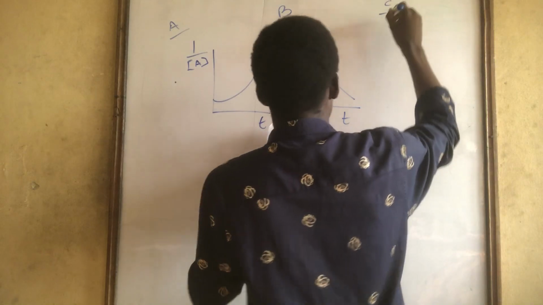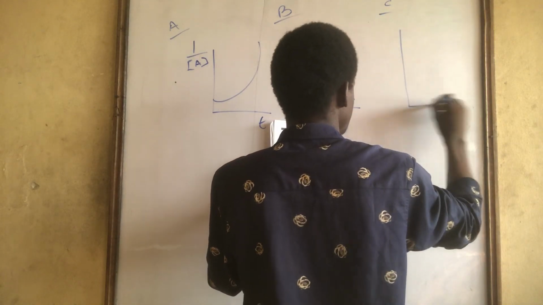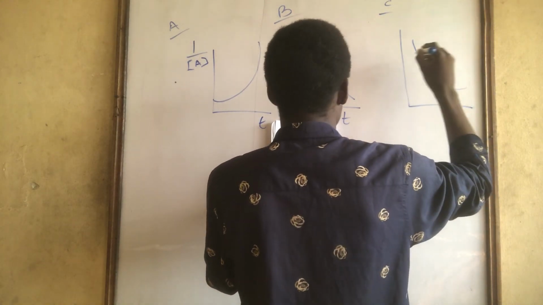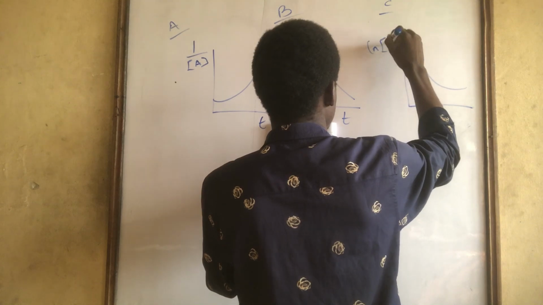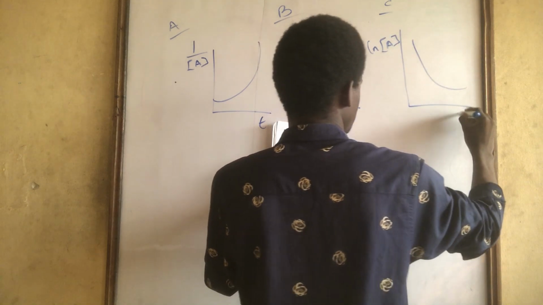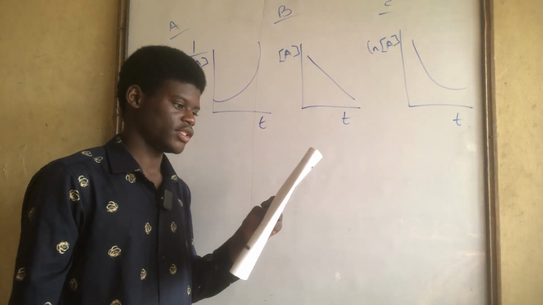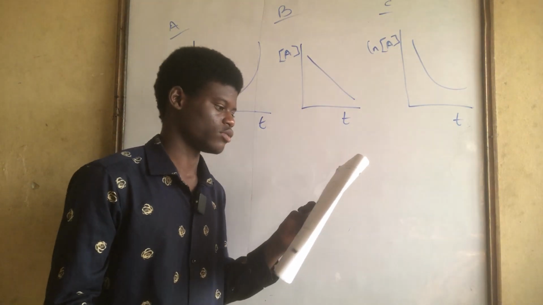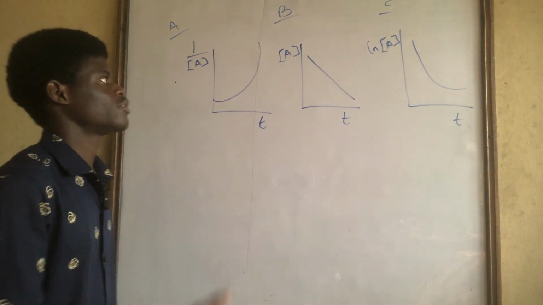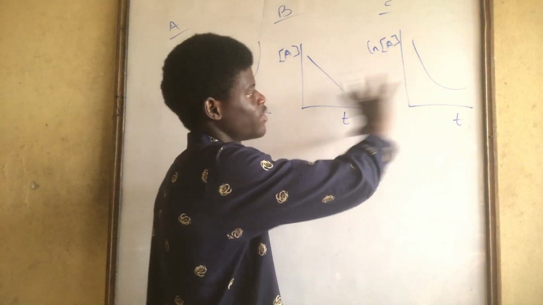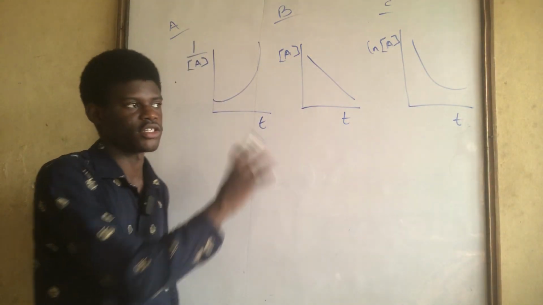And graph C is something like this, curved, and it said ln A versus time. So they gave us these three graphs and asked, what is the order of this reaction?